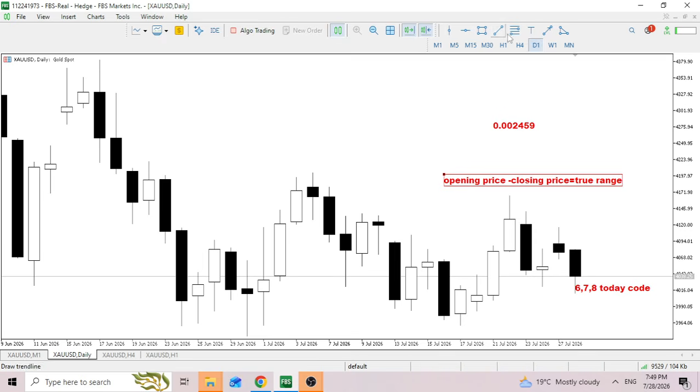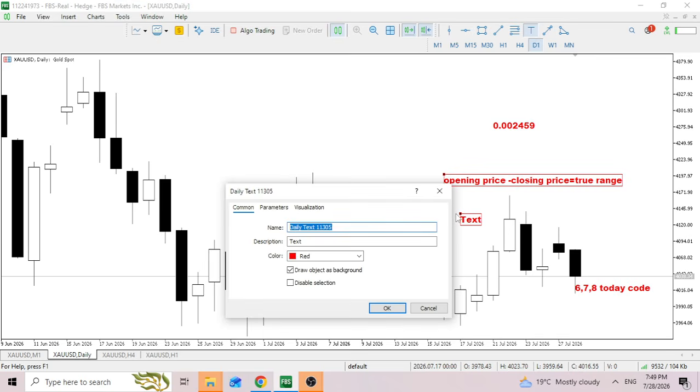True range multiply by, where is the multiplication sign on my laptop? How does a computer science engineer not know where the multiplication sign is on the laptop? Well, what were you doing in school?